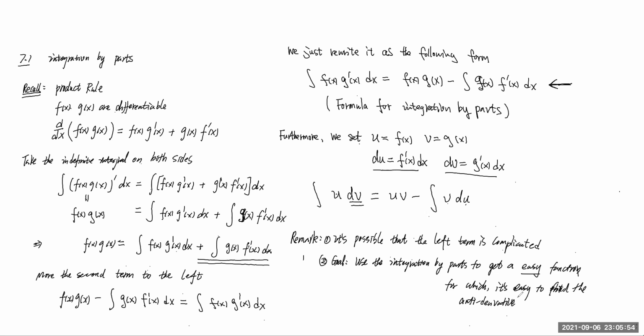You use integration by parts and you still have an integral, right? But the goal is that we make this term very easy to find an antiderivative. That's our goal. So this is about integration by parts.